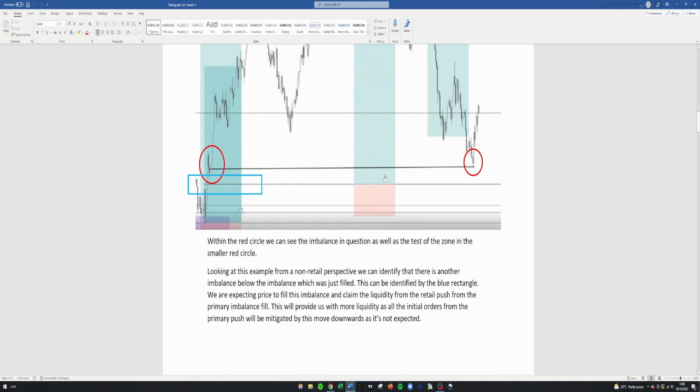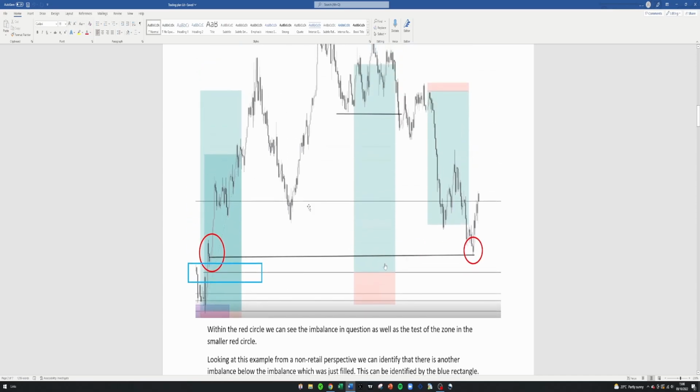We're expecting price to fill this imbalance and claim the liquidity from the retail push and from the primary imbalance fill. This will provide us with more liquidity, as all the initial orders from this primary push will be mitigated by this move downwards, as it's not expected by retail.